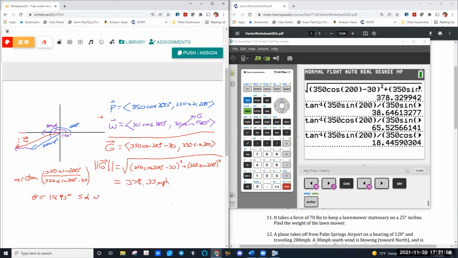Or if we wanted to measure it all the way from the beginning, we just need to add the 180 that gets us over to this negative side. So measured from a standard angle, we would have 198.45 degrees. I know this problem didn't ask that, but I think there's another one in this worksheet that does, and I wanted you to see it.